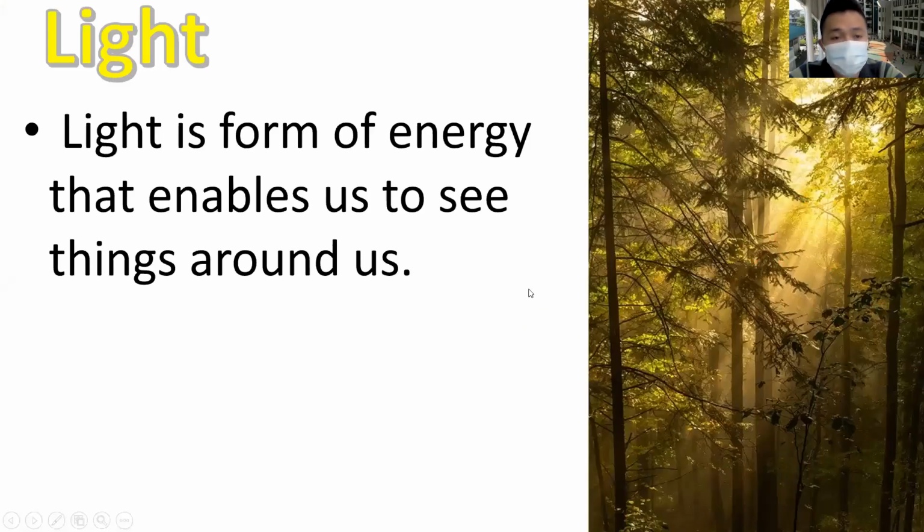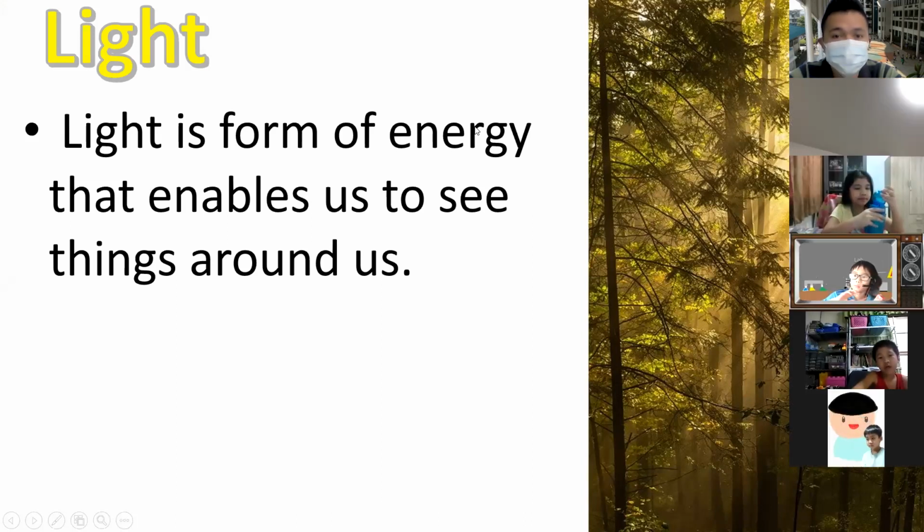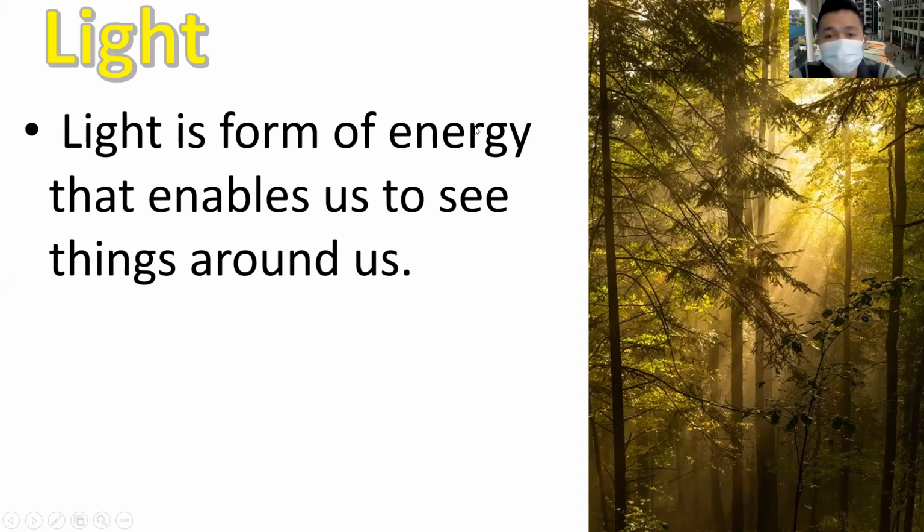Light is a form of energy that enables us to see things around us. See that? This is a big help to each one of us because it really helps us to see what's happening in our surroundings. I can see the people who are walking. I can see the teachers walking there. I can see all the things. I can see the colors here.